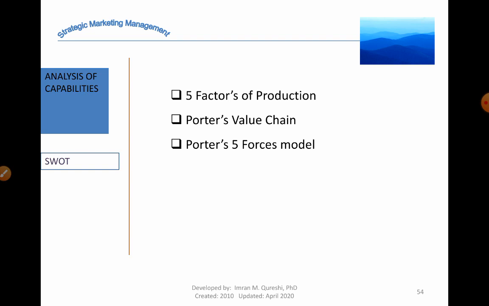So if you want to identify strengths and weaknesses, the first thing you need to do is identify the points of comparison, because strengths and weaknesses are comparative. So we first define our points of comparison, and then, based on those, you compare your company's performance or capabilities with your competitors' capabilities.